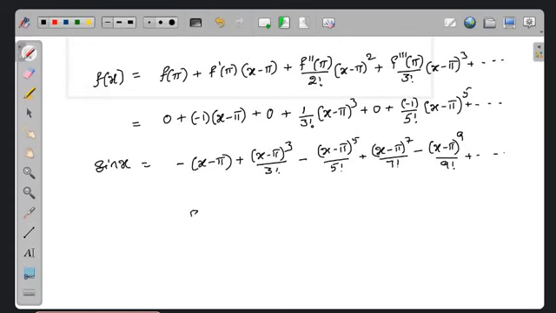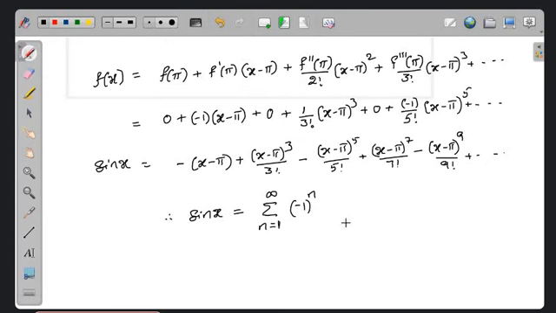Okay, as a final conclusion, let's write this. Therefore, sin x equals summation n equal to 0 to infinity, minus 1 to the power of n. I'd like to do one thing: instead of starting with 0, I'd like to start with 1.